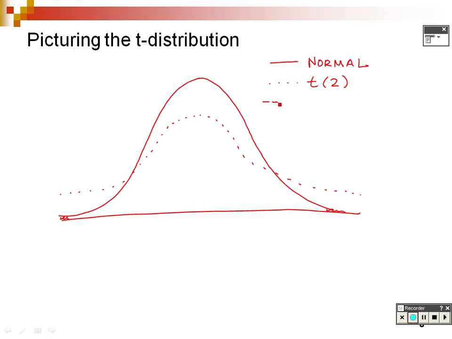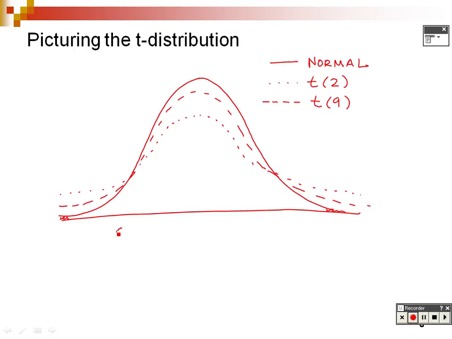Let's also picture if we had, say, 9 degrees of freedom. Having 9 degrees of freedom is better than having 2 degrees of freedom. It means that we have a larger sample size, and that means that our sample standard deviation should be closer to the actual population standard deviation. So we're still going to have a fat tail. It's just not going to be quite as fat. So with 9, it's going to look something like this.